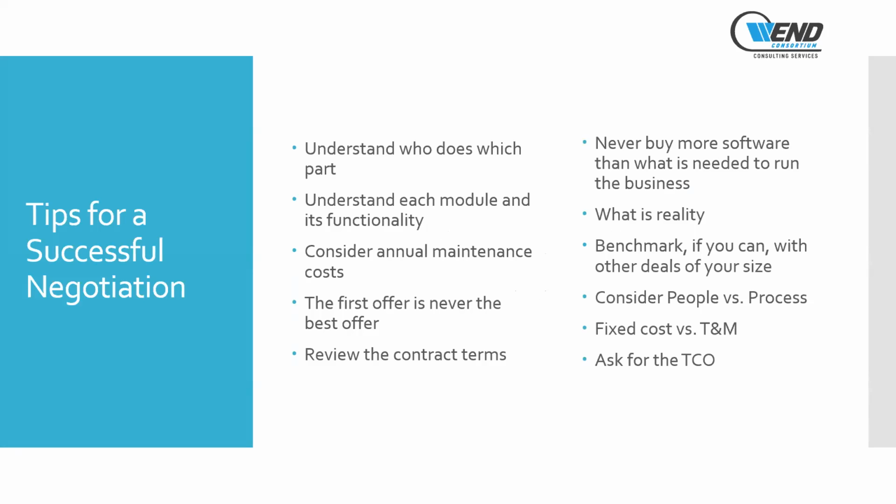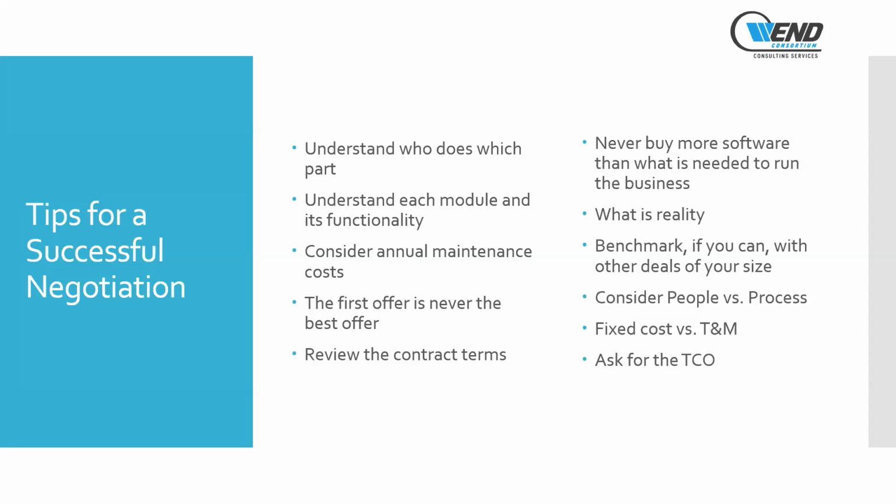Understand who does which part. Too often inside of negotiation, you look at the software, the licenses make sense, and then you get down to the services piece of it, and they'll have hours on it, and you look at those hours and you got to go, okay, if that's your hours, how many hours do I have to put in, and how is that evenly distributed or worked through to make sure who does which part?